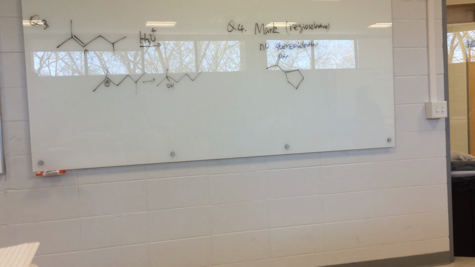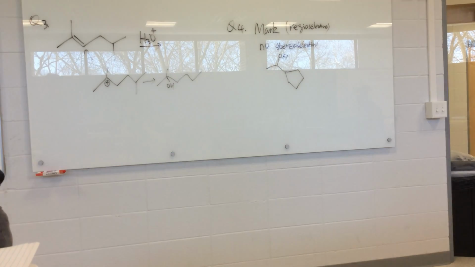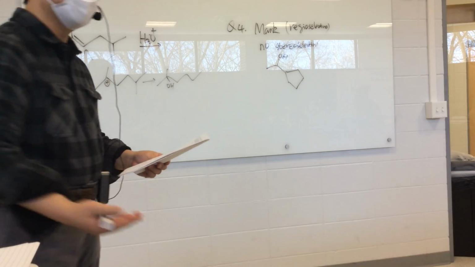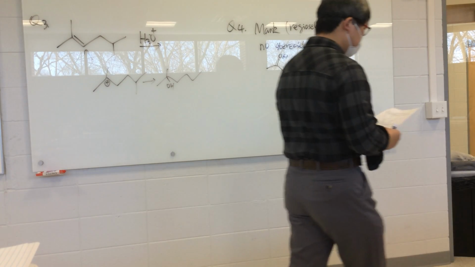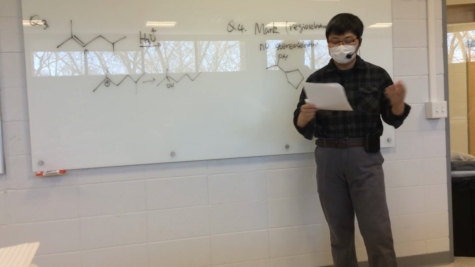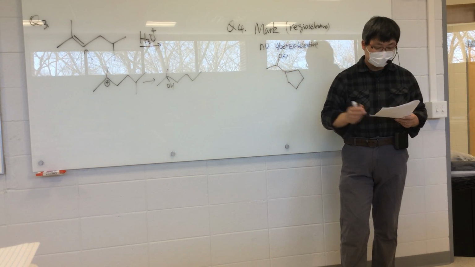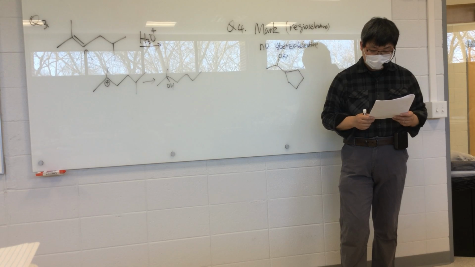The good thing is that because it's not in acidic condition, there's no rearrangement. The rearrangement can complicate things, and in chemical synthesis, we want sure things. We don't want any complications.